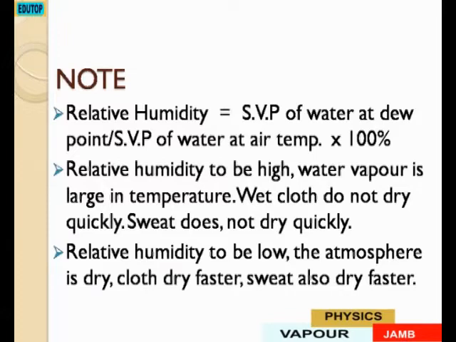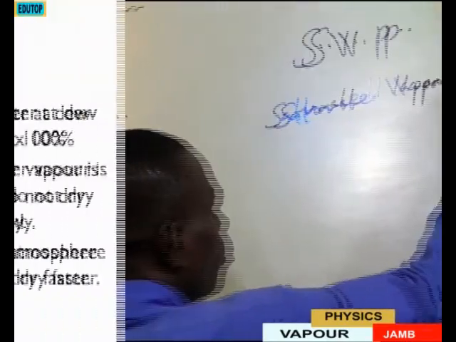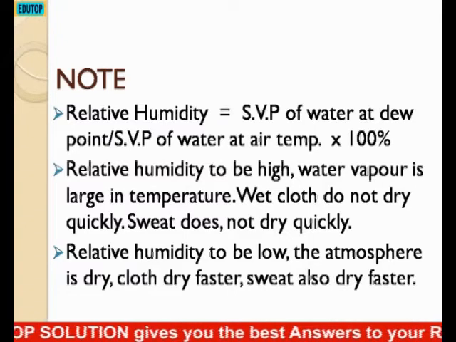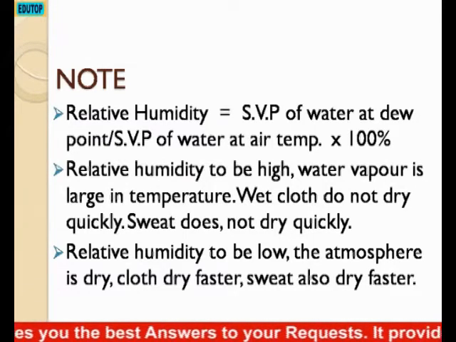And what is SVP? Saturated vapor pressure. So, the relative humidity is equal to the SVP of water at dew point divided by the SVP of water at air temperature.